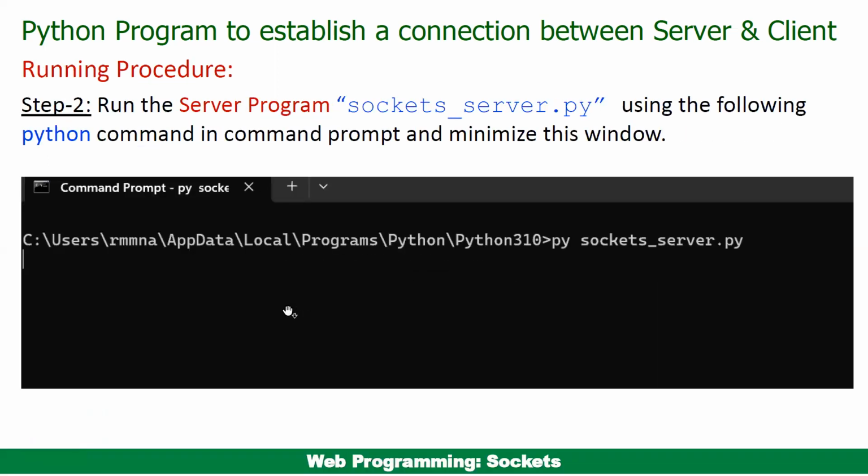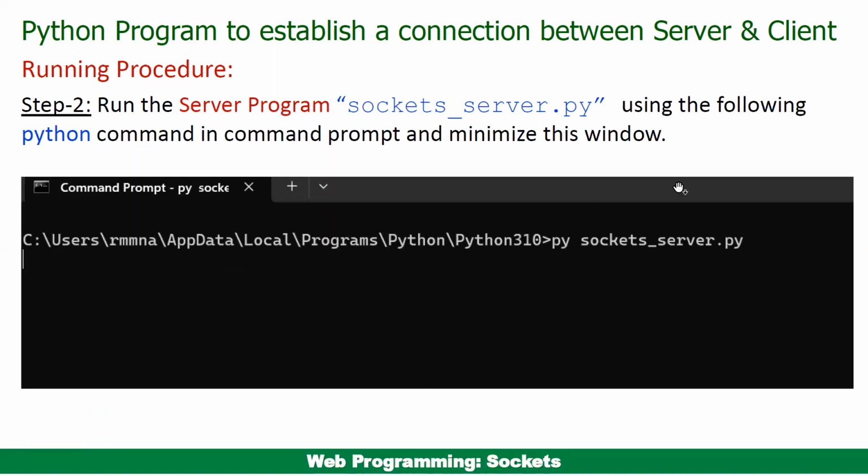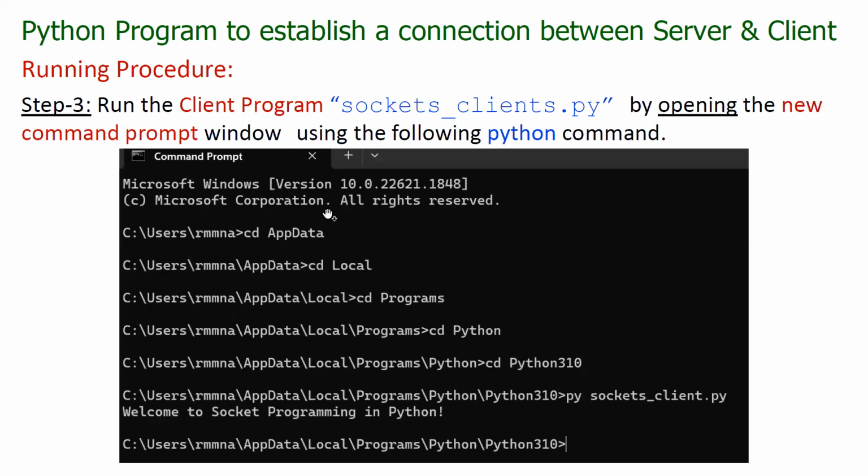So in the output we can see, after running the client program, we are connected to the server. The client communicated to the server by sending one request, then the server responds to the client request, and the acknowledgement message available in the server program is displayed under the client program.